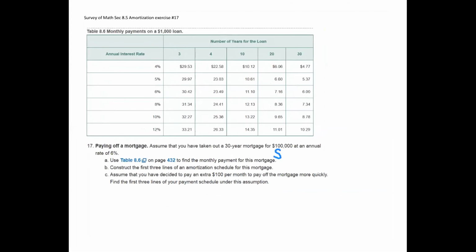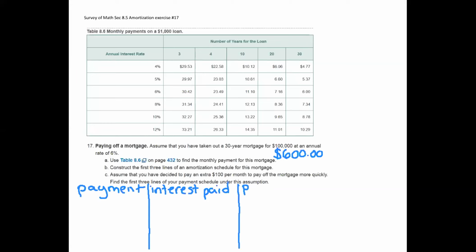Okay, so just as a reminder, $600 per month. And we're going to need a table, right? So we want a payment column. We also want to keep track of the interest that we've paid out of this payment and how much we've paid on the principal, also from this payment.